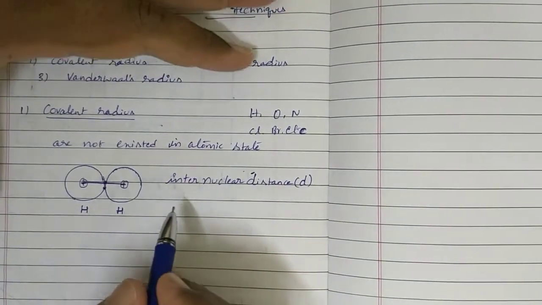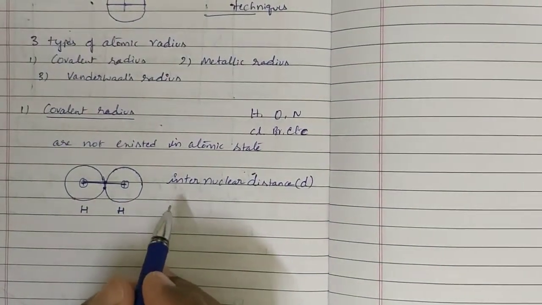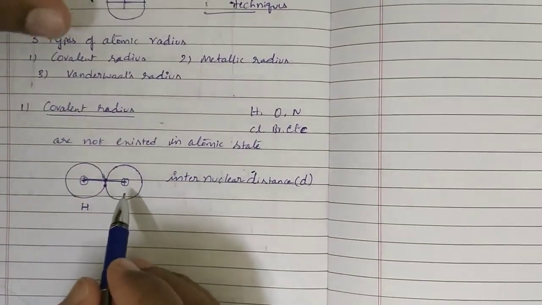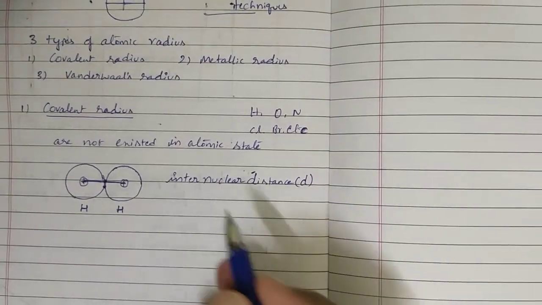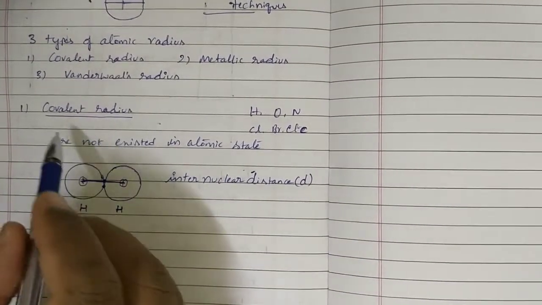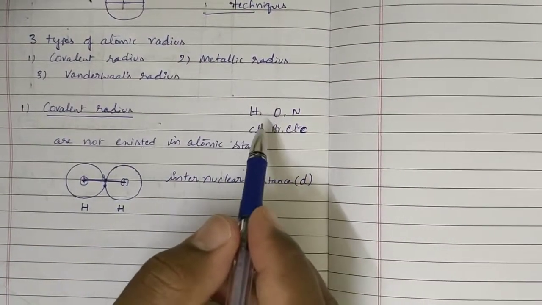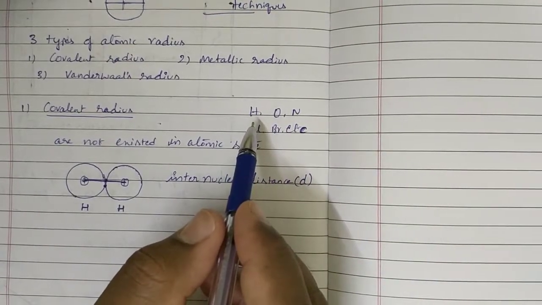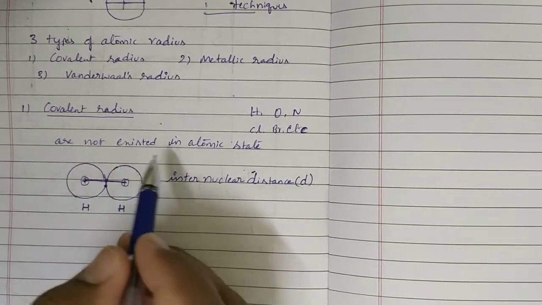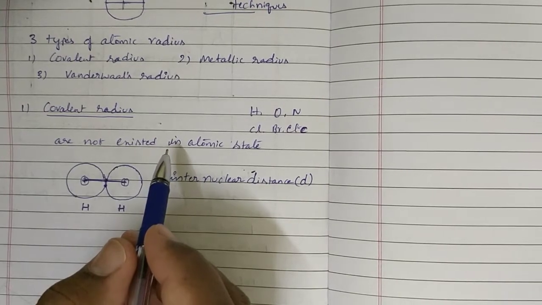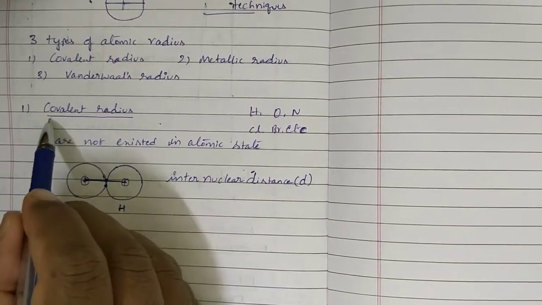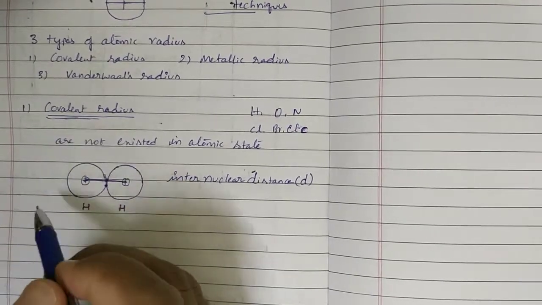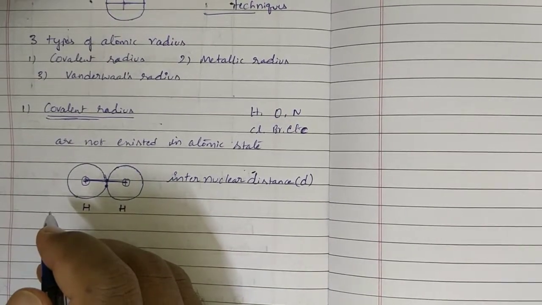Sir, how are they able to find the distance between the nuclei of these two atoms? That I will say. First thing is, these atoms do not exist in the form of atoms. They exist in the form of covalent molecules only, and from those covalent molecules we are going to obtain the radius. That's why this is called covalent radius.